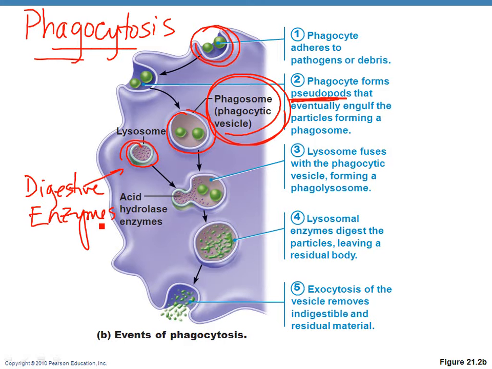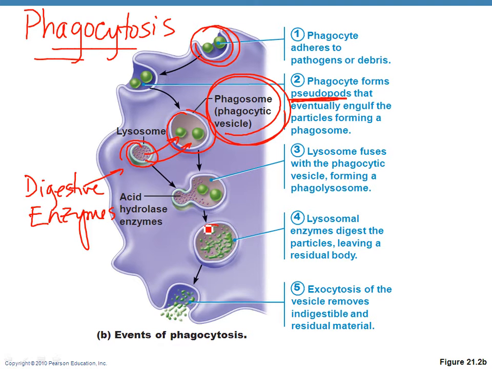So in macrophages and neutrophils, these lysosomes fuse with the engulfed microbes. Those digestive enzymes do their work. Microbes are built from proteins and lipids and carbohydrates and nucleic acids just like we are, and so those enzymes digest all of those important molecules.